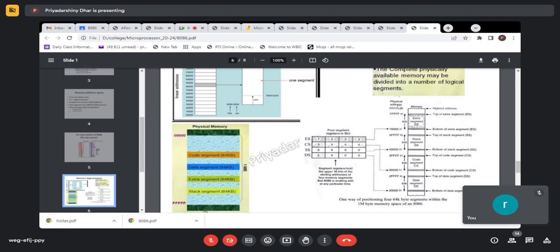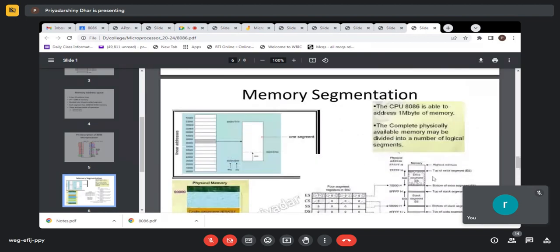And for the last memory location, the physical address is FFFFF. Before this FFFFF, for the segment address, the last one is EFFFF.